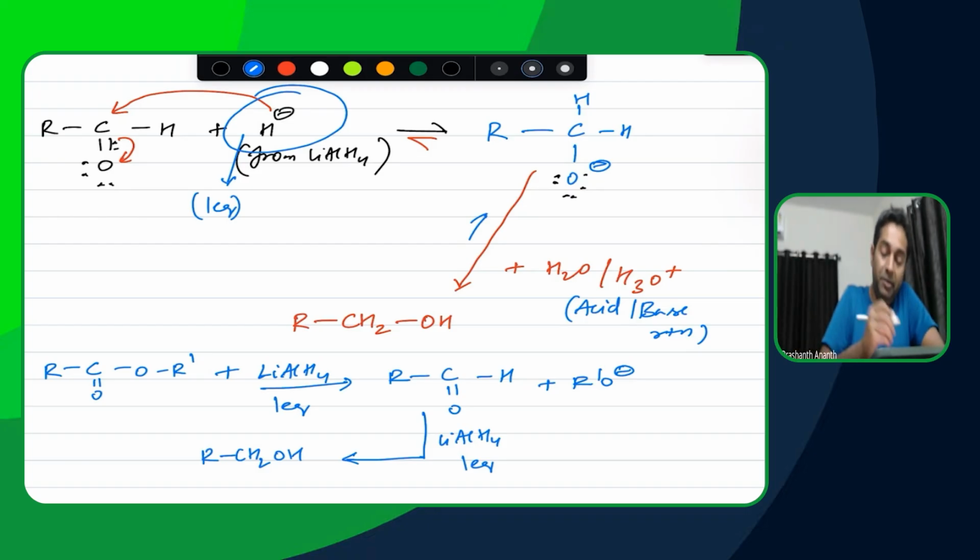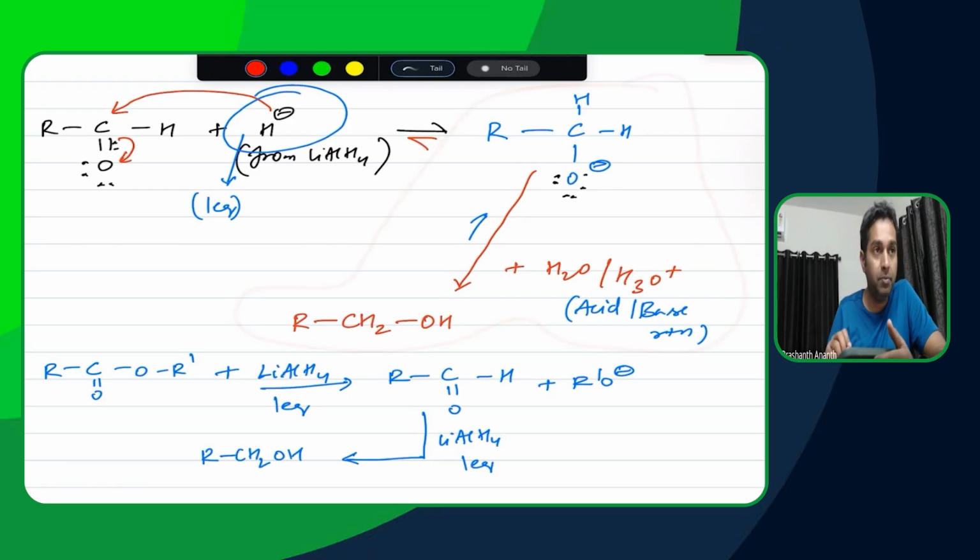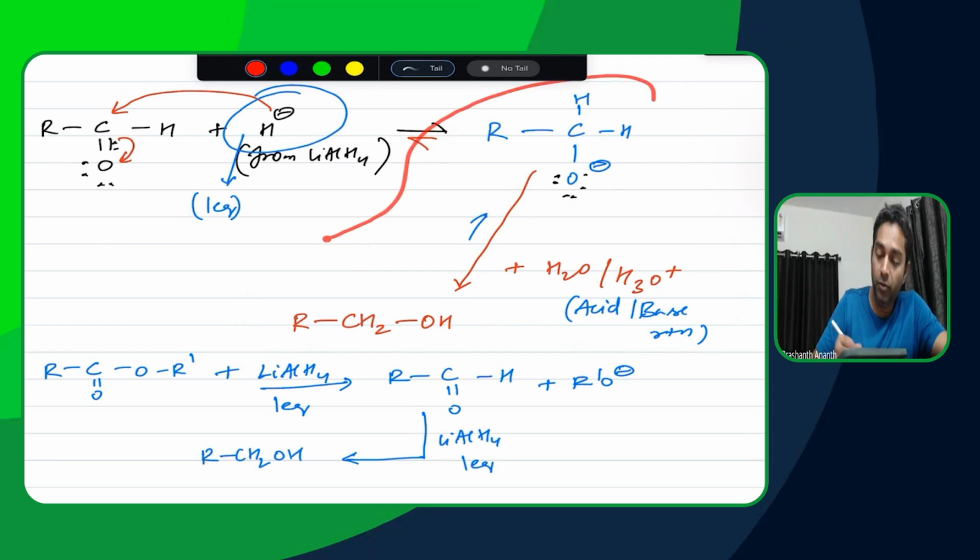Doesn't matter. Let me just quickly explain to you what is exactly given there. Now, in this step here, you see this step marked here?